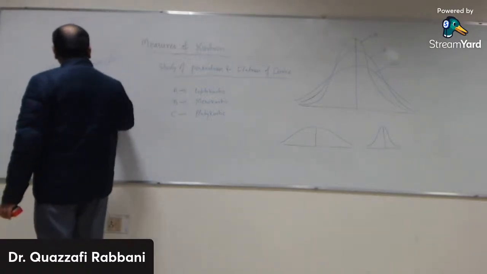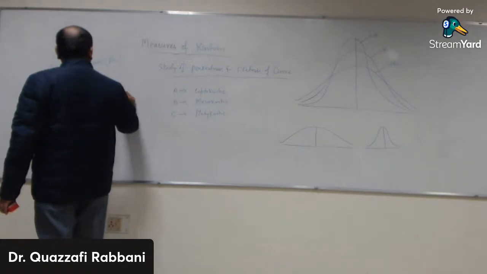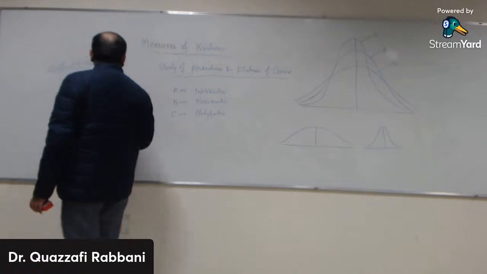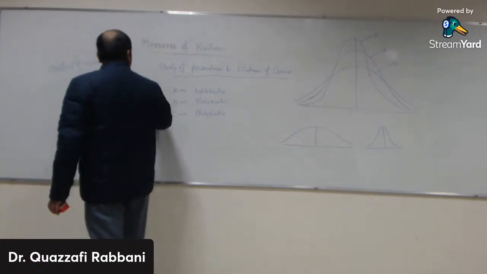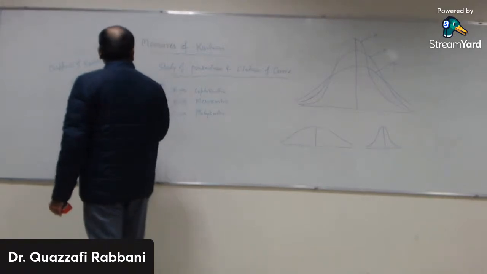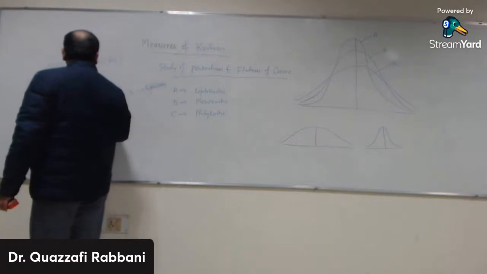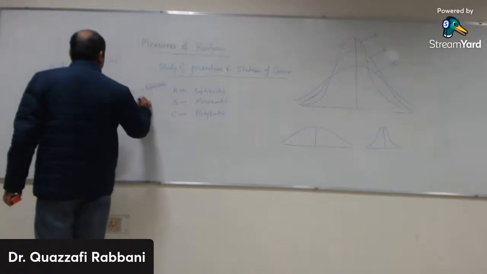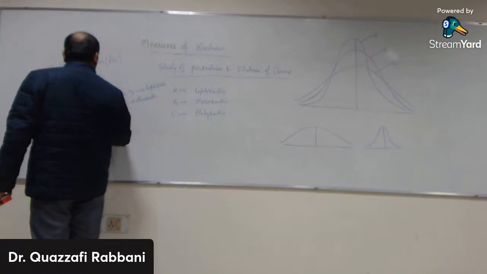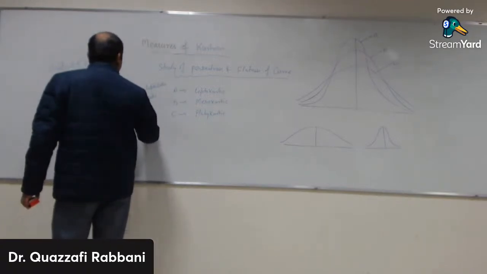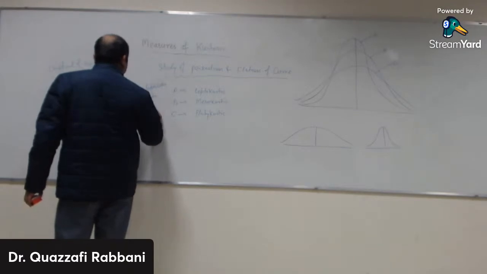If the value of beta 2 is greater than 3, then this implies that the curve is leptokurtic. If beta 2 equals 3, this implies mesokurtic. If beta 2 is less than 3, this implies platykurtic.